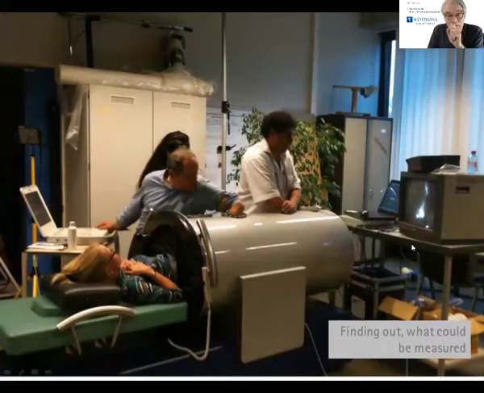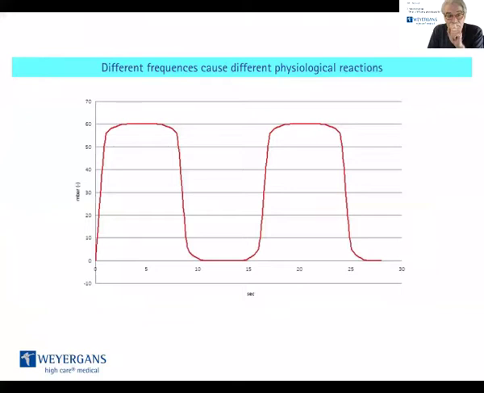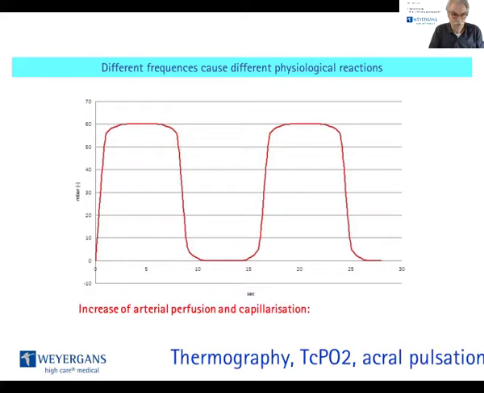What they measured was a certain frequency with a certain amount of negative pressure. With that, you can trigger precisely the arterial perfusion. You can measure that with thermography, with transcutaneous pressure of oxygen or arterial pulsation.